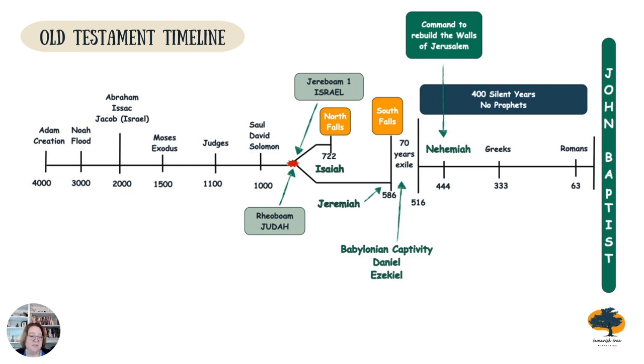Now, the reason we end the Old Testament timeline with John the Baptist is because he's the last prophet before the Messiah shows up on the scene. They hadn't had a prophet for over 400 years. And finally, there's a guy out in the wilderness screaming, hey, kingdom of heaven's coming, prepare yourself. Messiah's coming, prepare yourself.